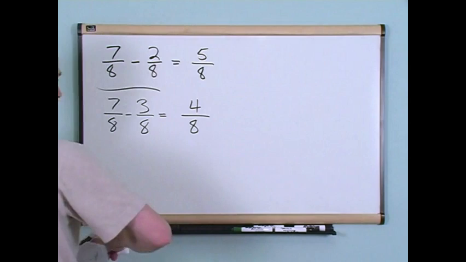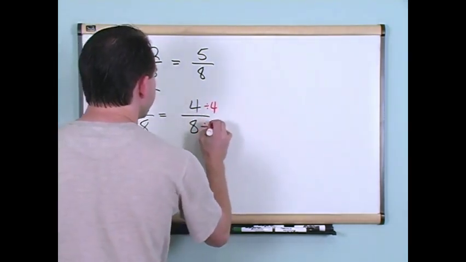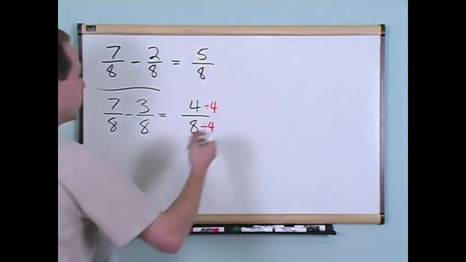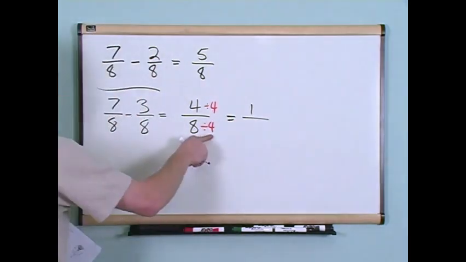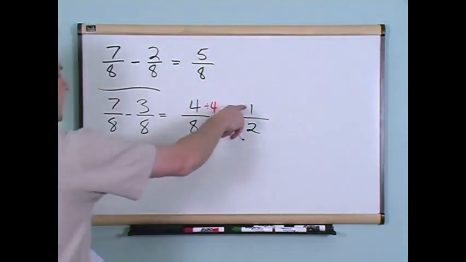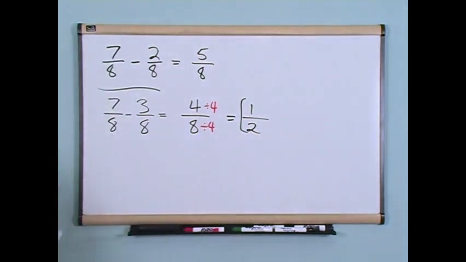Yes, you can, because I can divide the top by 4 and I can divide the bottom by 4. And that'll make this a lot simpler. 4 divided by 4 is just going to be 1, and 8 divided by 4 is just going to be 2. So what we're saying is 4/8 is the same thing as 1/2. This would be the answer, 1/2. That's the simplest form here.